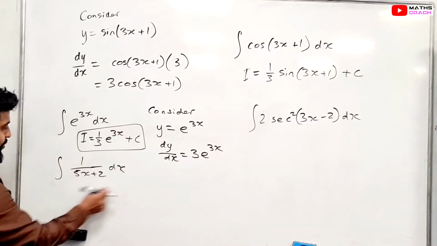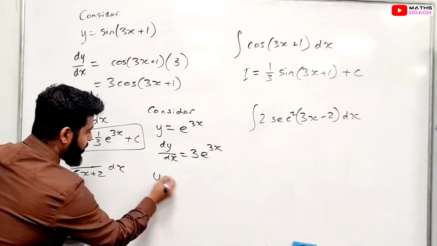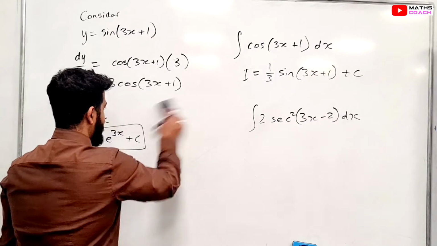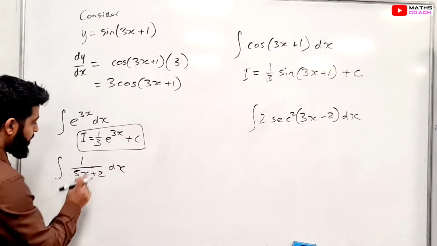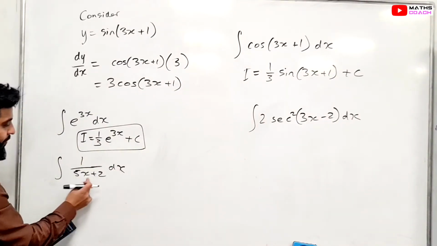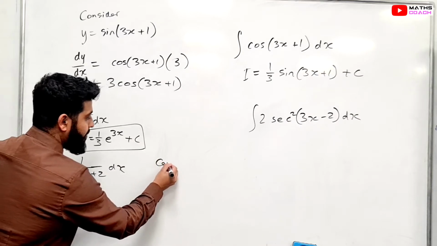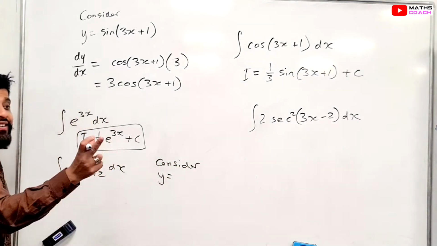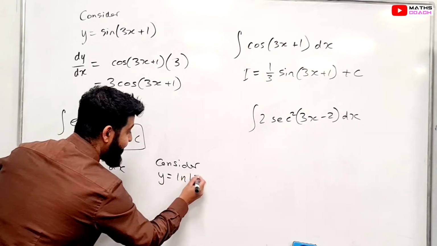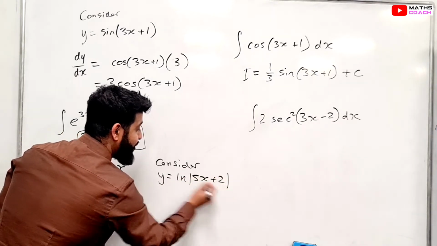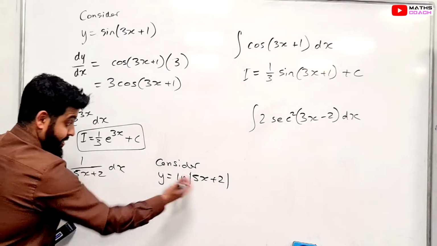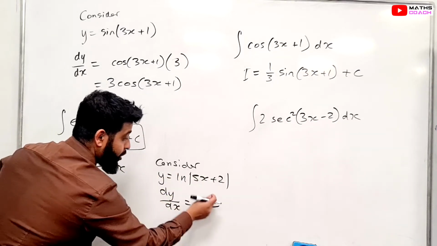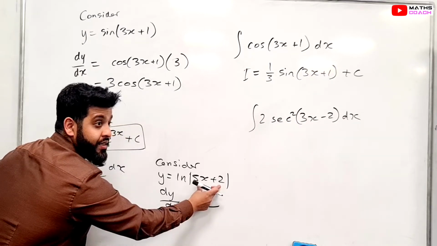So if you look at this one now, what is this going to be linked with? So let me just get rid of all this. What's this one going to be linked with? 1 over 5x plus 2. It's going to be linked by considering y is equal to ln 5x plus 2. Now, differentiate that, dy over dx. On the top, you differentiate this over the original.